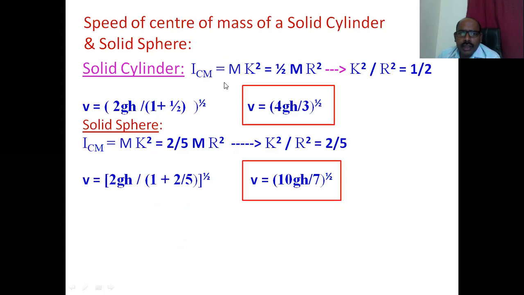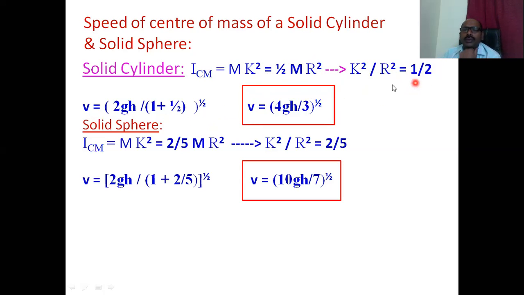In general, according to the definition of moment of inertia, I is equal to m k square. So we equate these two: m k square is equal to half m r square. By cancelling m, we get k square by r square is equal to 1 by 2.